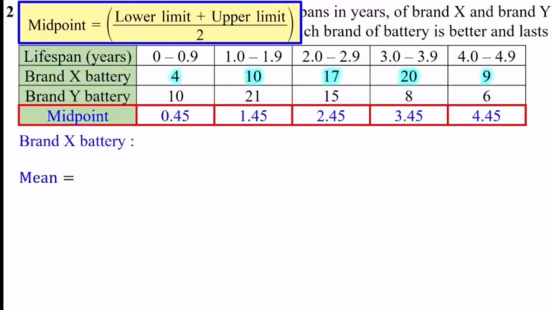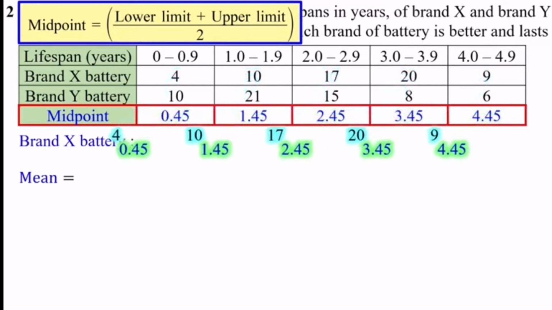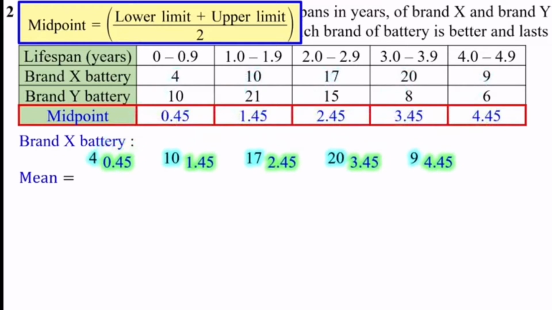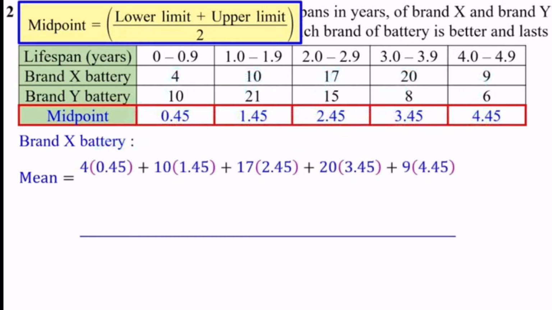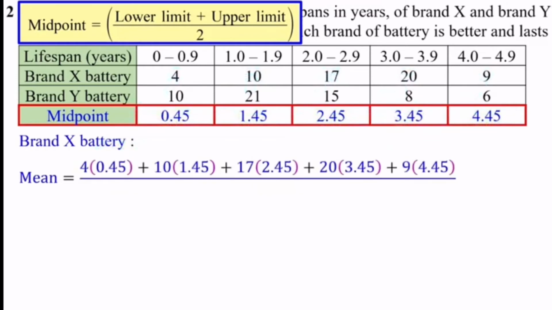So we're going to shift down all the frequency, and then we are going to multiply with the green one, which is the midpoint, right? So we are going to multiply one by one, 4 multiplied by 0.45, and we will plus 10 multiplied by 1.45, and we will plus 17 times 2.45, plus 20 times 3.45, plus 9 times 4.45 over total battery.